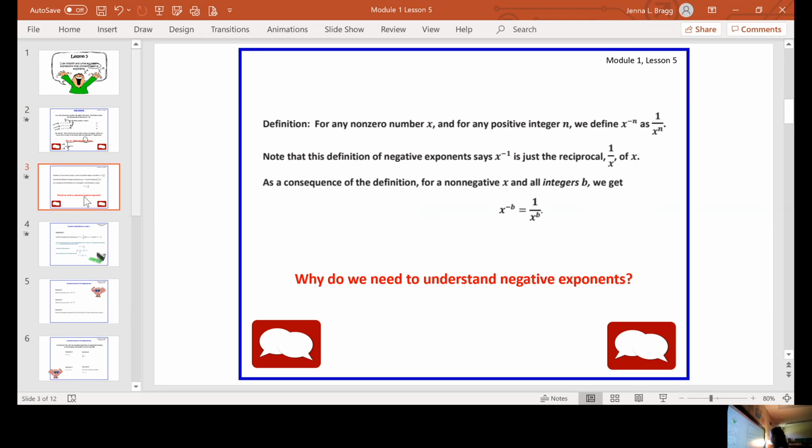So this works for any exponent and any base. If you have a negative exponent, transfer that base and the positive version of your exponent into a denominator of a fraction and add a 1 to the numerator if you have no other numbers in your expression. I'll show you what I mean by that in just a minute.